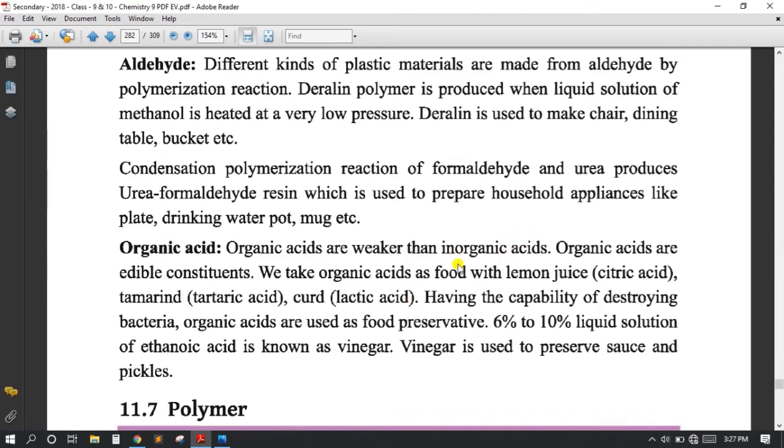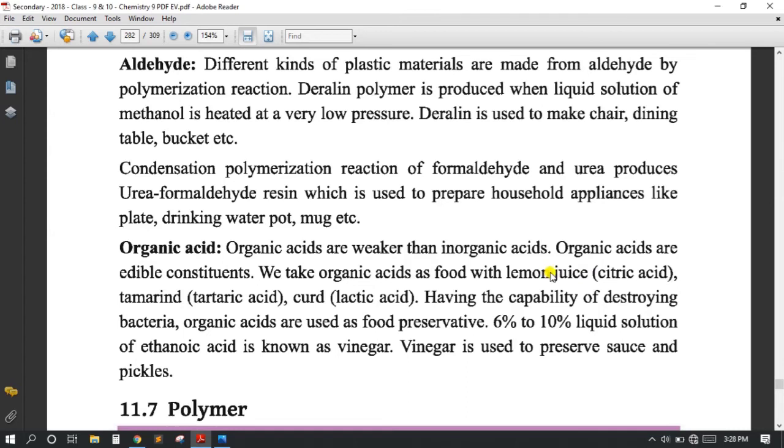Those are inorganic acids. And formic acid, ethanoic acid are called organic acids, that means carbon-based acids. Organic acids are edible constituents. We take organic acids as food, like citric acid from lemon juice.